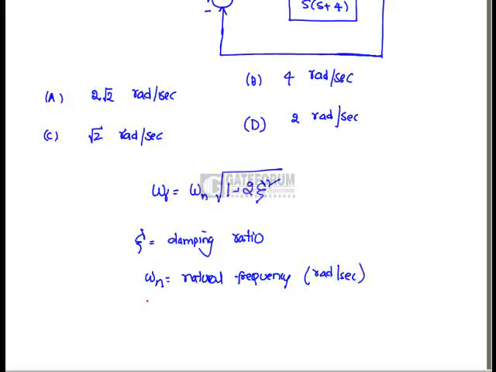We can obtain zeta and the natural frequency from the closed loop transfer function of a given diagram. Now the closed loop transfer function equals 16 by s squared plus 4 s plus 16, which is compared with the standard one.